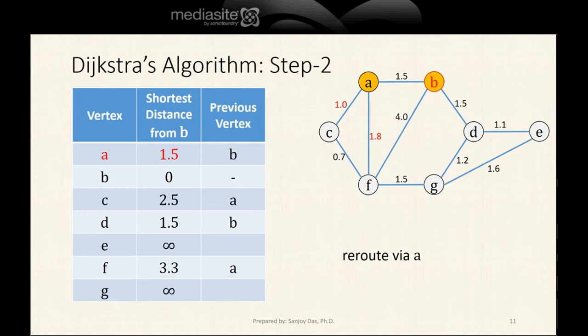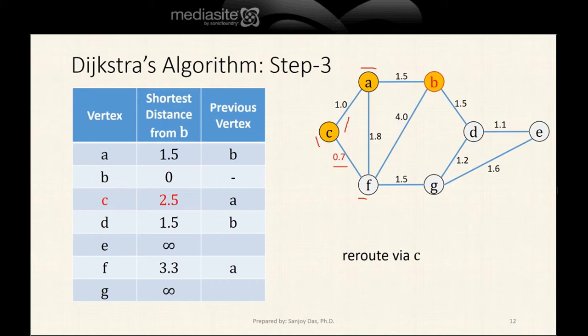Now let's go to step 3. In step 3, I'll try to reroute all the existing paths via vertex C, and therefore I have marked this weight 0.7 red, because from C the only vertex I can jump to is F. I can also go to A, but A is a visited vertex, so I don't care.